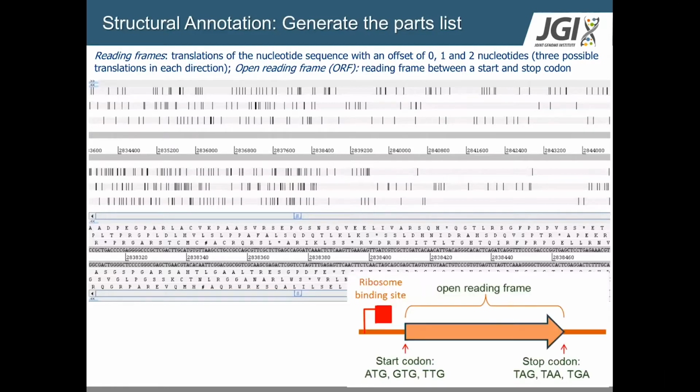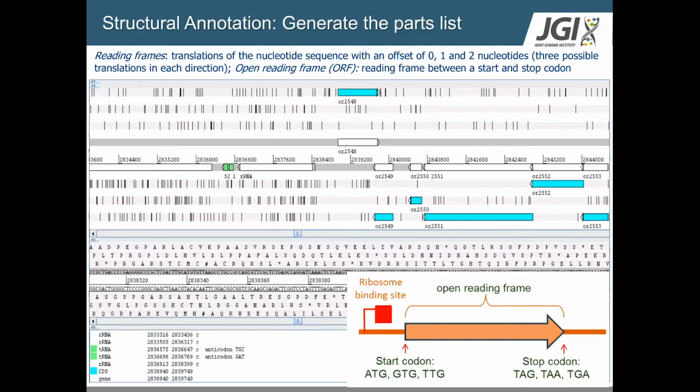So looking for canonical starts and stops, and looking for signatures or ribosomal binding sites, and calling these open reading frames in all six frames. And the ultimate purpose of structural annotation is to find the coding sequence. So structural annotation is not open reading frame finding, but the purpose is to find coding sequences.